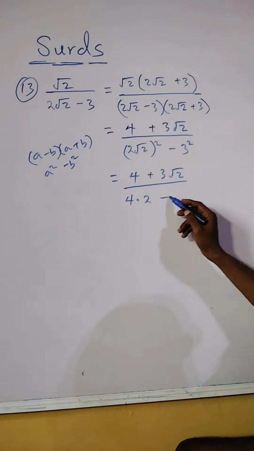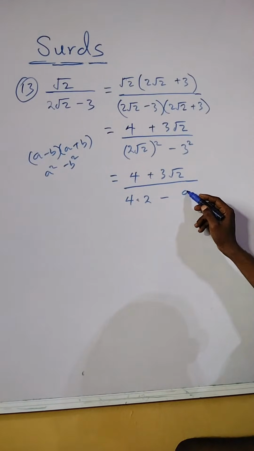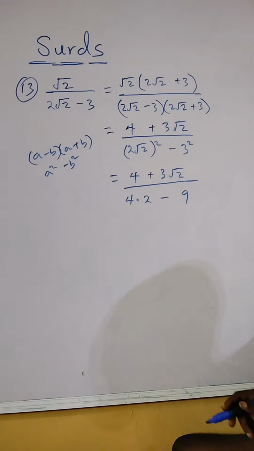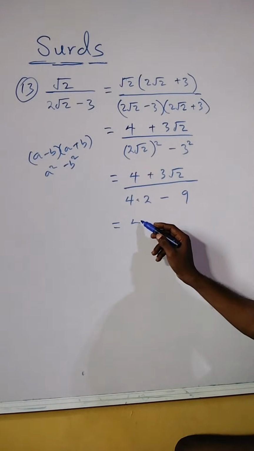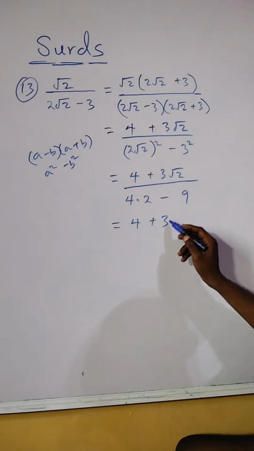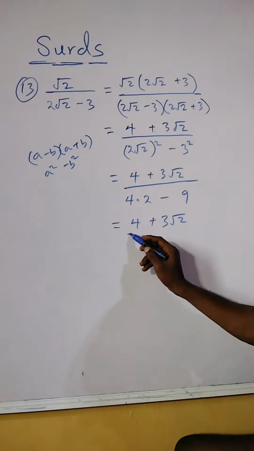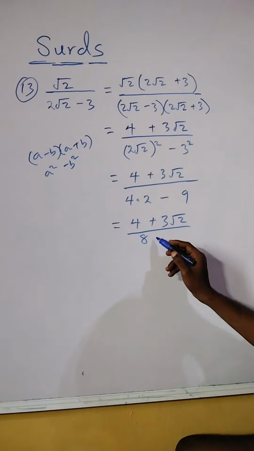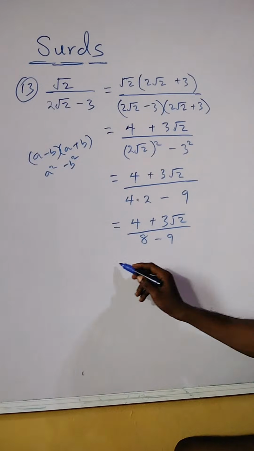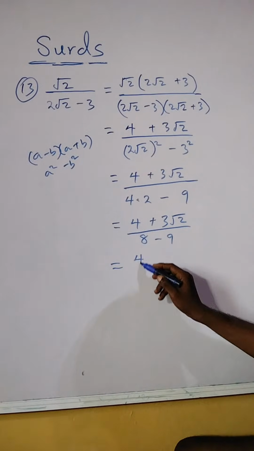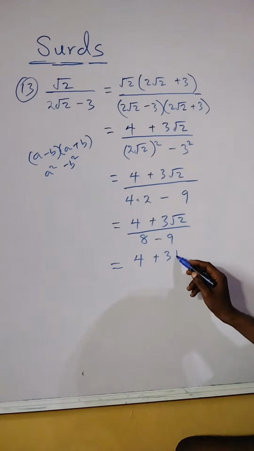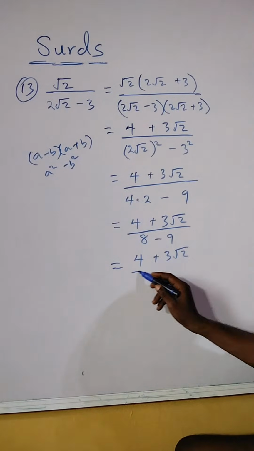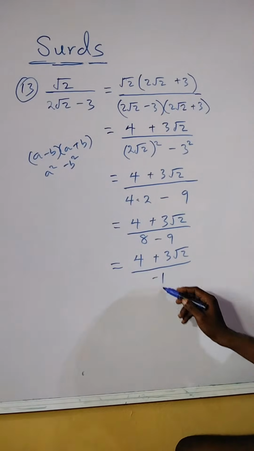Root 2 squared is 2 minus 3 squared is 9. Then this becomes 4 plus 3 root 2 over 4 times 2, 8 minus 9. That is, here we have 4 plus 3 root 2 over 8 minus 9, that's minus 1.